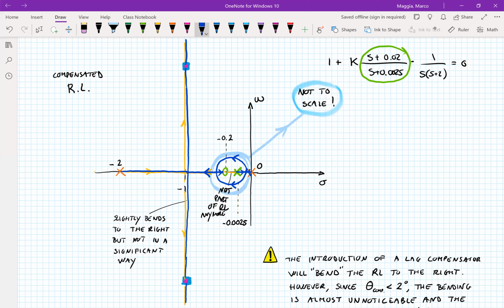So I invite you to plot the root locus for the compensated system, and you'll almost see that it looks identical to the uncompensated one. But once you zoom in, then you're going to notice this structure here with an extra breakaway point and an extra break-in point to the right and to the left of the pole and the 0 of the compensator, respectively.